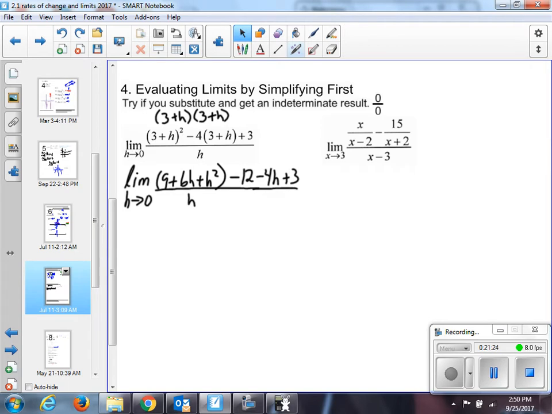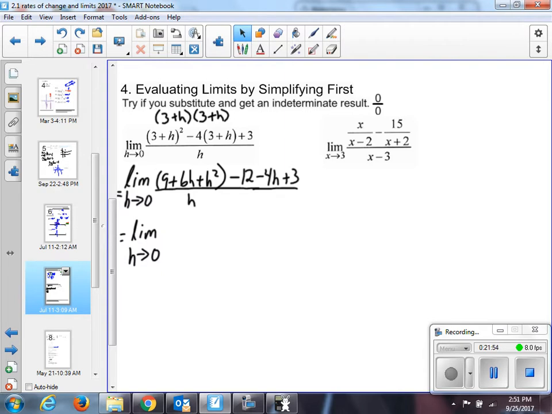I just did the algebra on the top. I can group like terms. The only reason why I kept this bracket here is just to show you where it came from. That's this chunk. And then group like terms, like I said. I haven't evaluated the limit yet, so I will write this down. Hopefully some good things will happen.